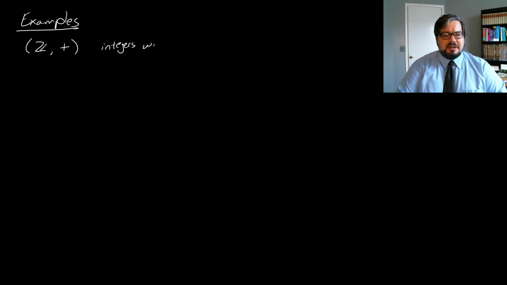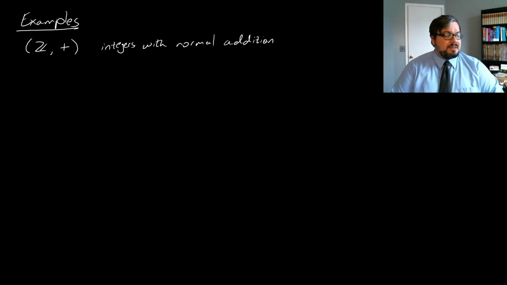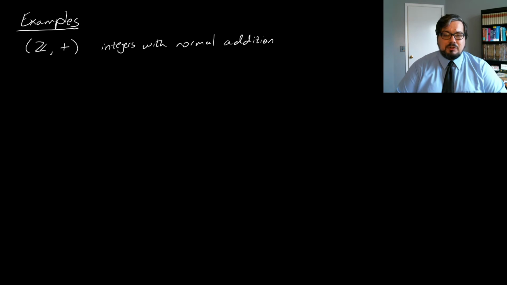Probably the most important example that we should think about is the integers with addition. So the set of integers with normal addition. Let's check and confirm that this is in fact a group.